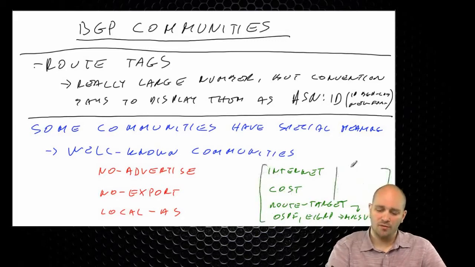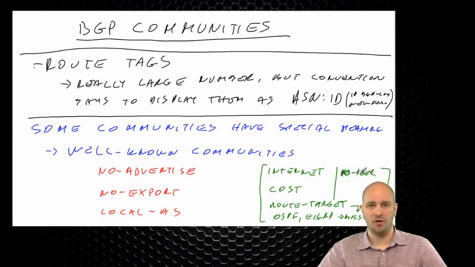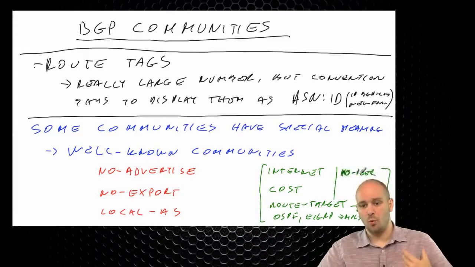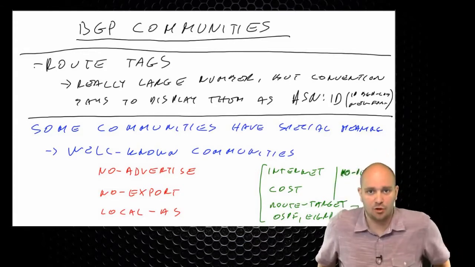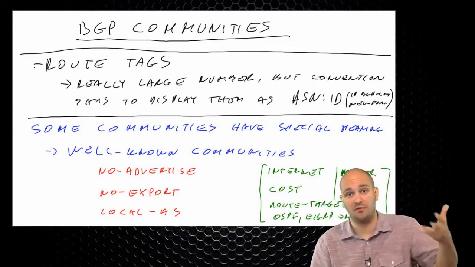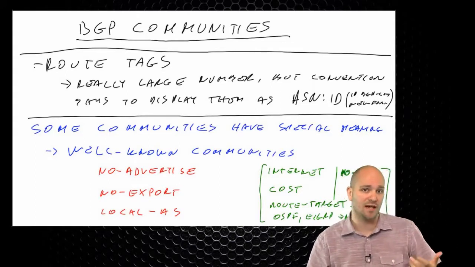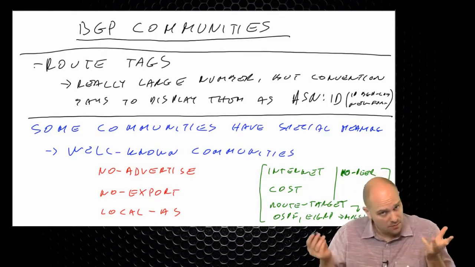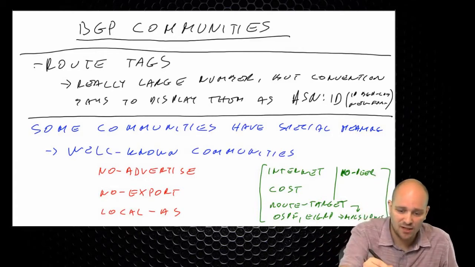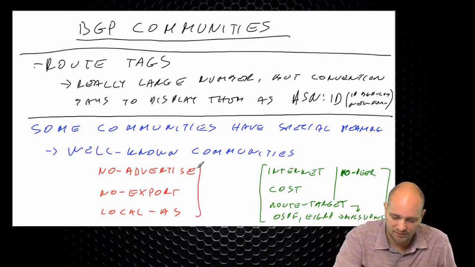There is also a thing like no-peer, which really doesn't have an implied meaning. It's more like a standard community to imply a certain filtering behavior in ISP networks, but the routers won't do anything automatically with it, but you can use this as a standard community to identify the routes that shouldn't be advertised to your peers, but should be advertised to your transit carriers or your customers, for example. Just an idea. But these three here, these are the important ones. So these are the ones that you really need to know how they behave.